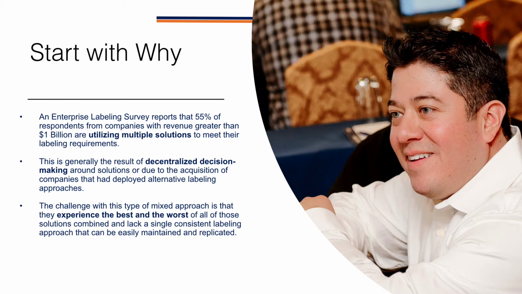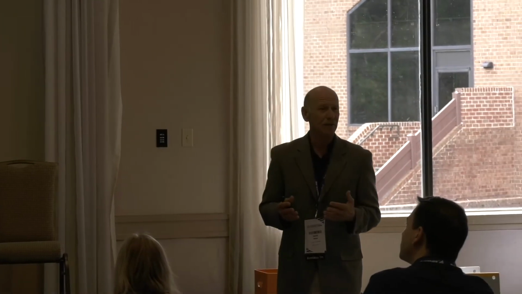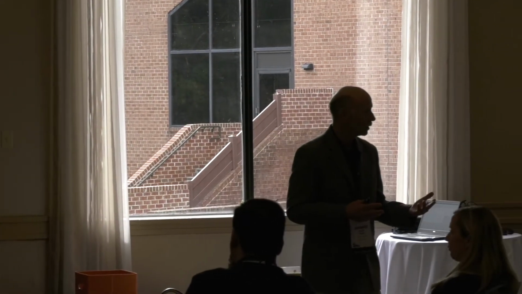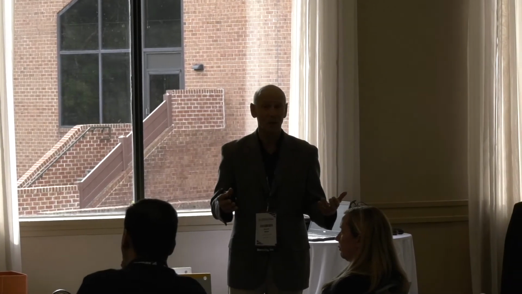What I have found personally is that in one building, I have found 5 different labeling softwares being used. So you can only imagine, if you're having 5 different labeling softwares being used in one building, what it might look like in an enterprise that might have 2, 3, 10 locations.